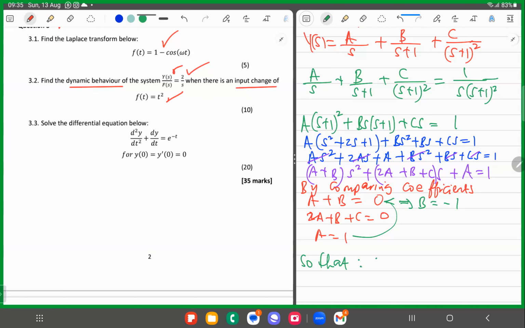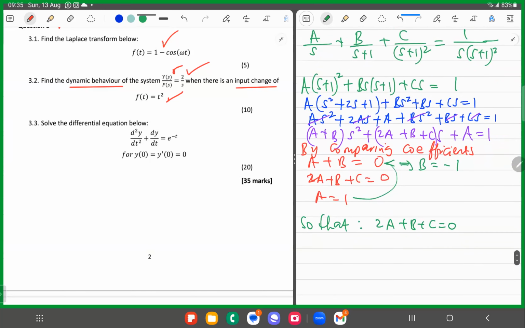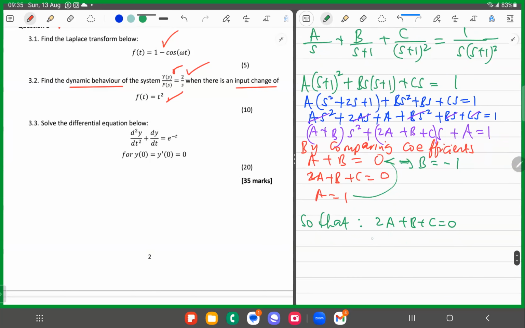So that we have 2A plus B plus C equals 0. There's that equation. But you already have 2 into 1 minus 1 plus C equals 0, so 1 plus C equals 0, so C is minus 1.